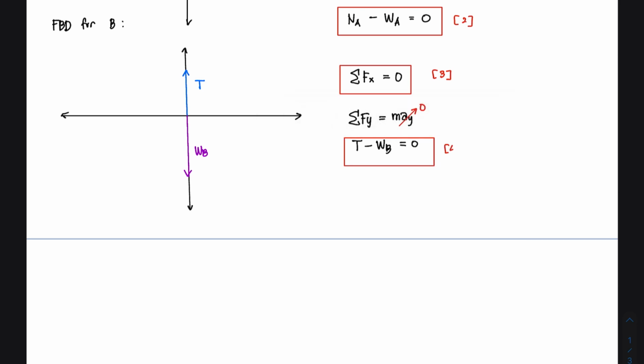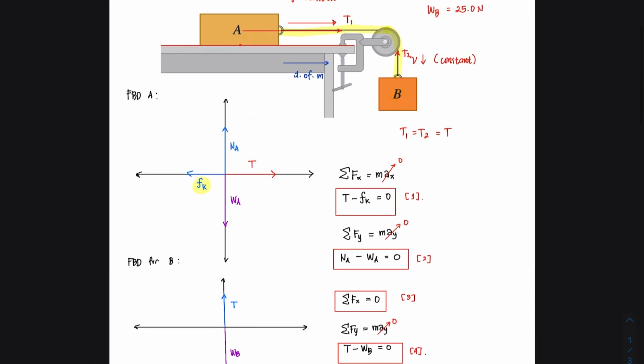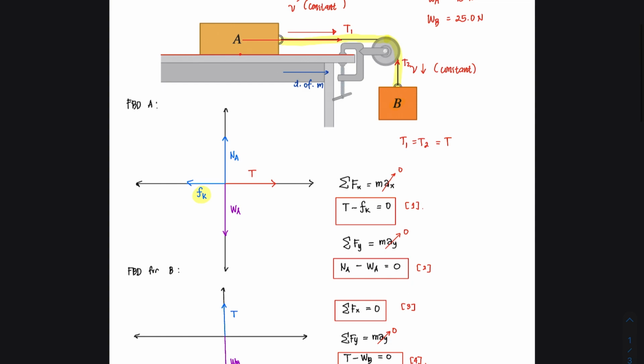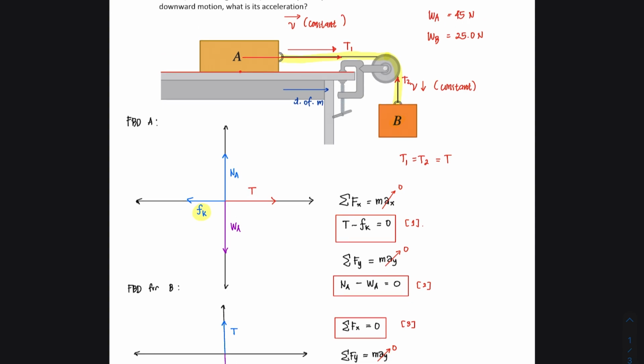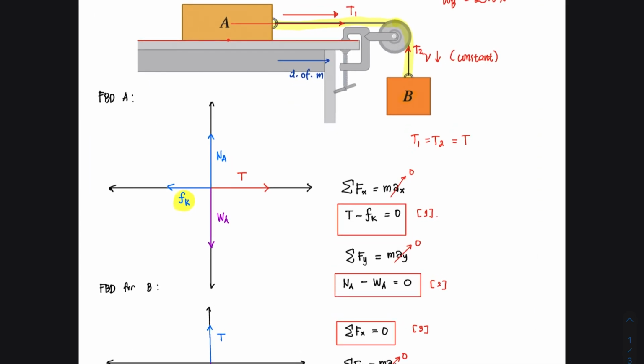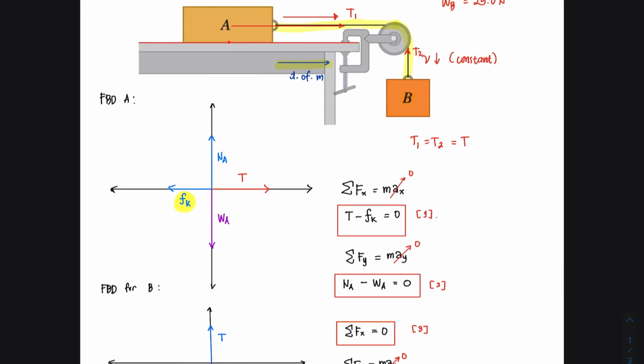Okay, equation 4. Now, as you can see there, in terms of the process, class, we don't have any change at all. It's just that in how we wrote the summation of forces, we added this highlighted term, Fk, kinetic friction, which is always opposing or opposite to the direction of motion. Since the direction of motion is towards the right, then the kinetic friction will be written in your FBD towards the left.